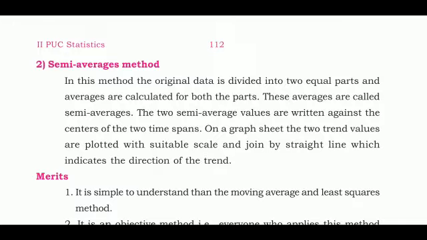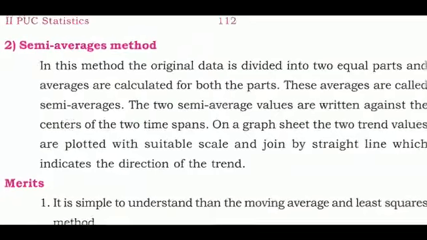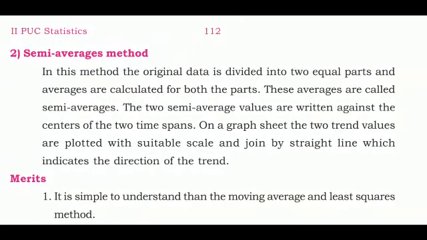Which is the second method? The second method to calculate secular trend is the semi-averages method. What exactly happens in this method? Semi-averages means semi is half; you divide the data into two equal parts. If there are four groups, you divide them into two.